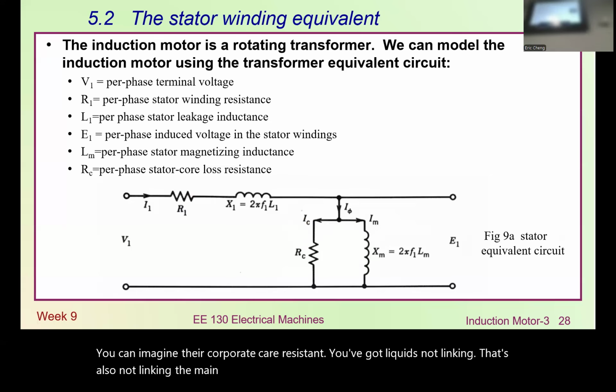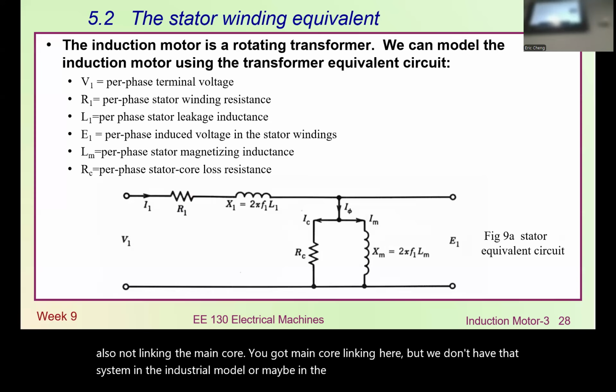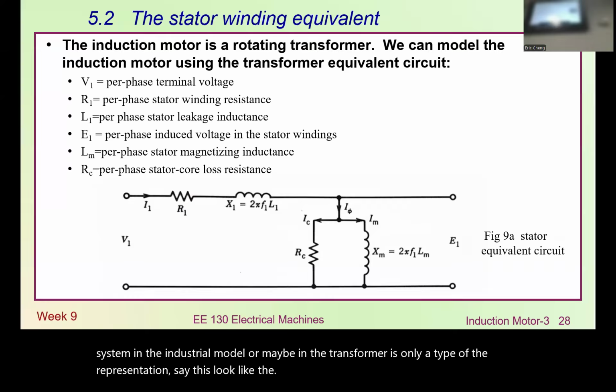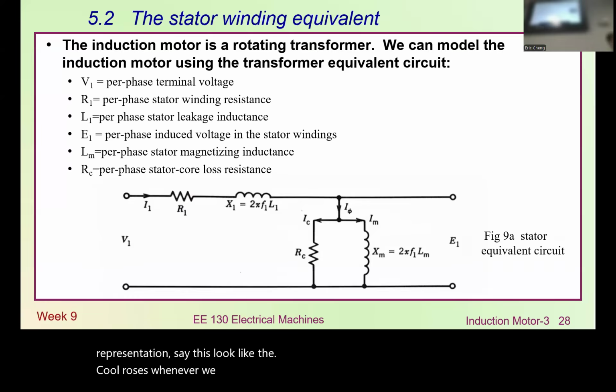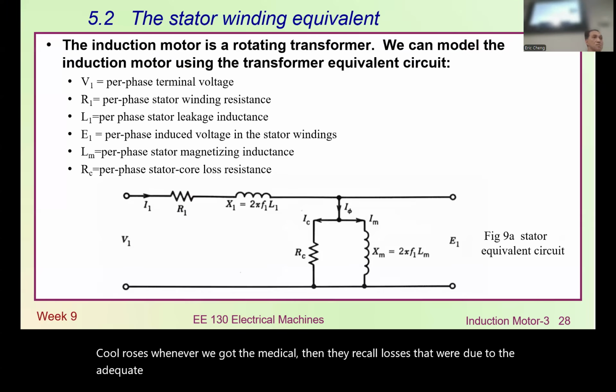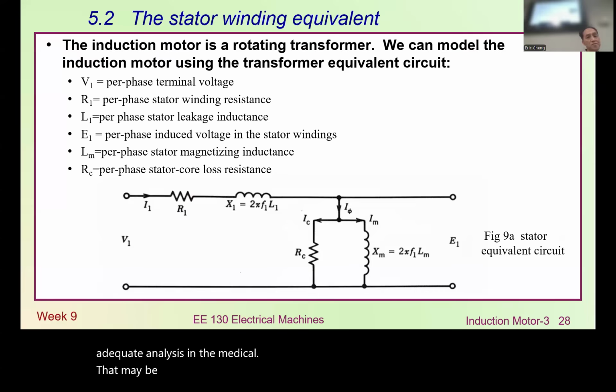You've got the main core linking here, but we don't have that resistance in the induction motor or the transformer; it's only part of the representation. This looks like the core losses. Whenever we have a magnetic core, there will be core losses due to eddy current losses in the magnetic core, and maybe also hysteresis losses.